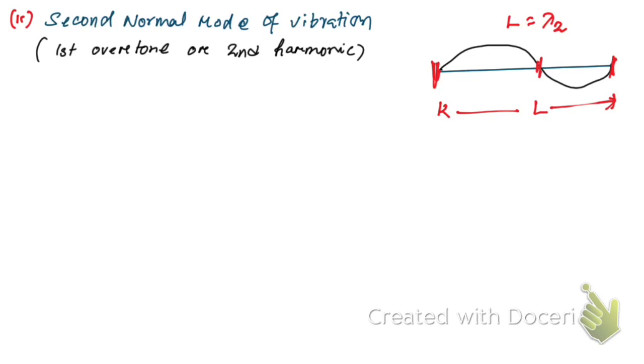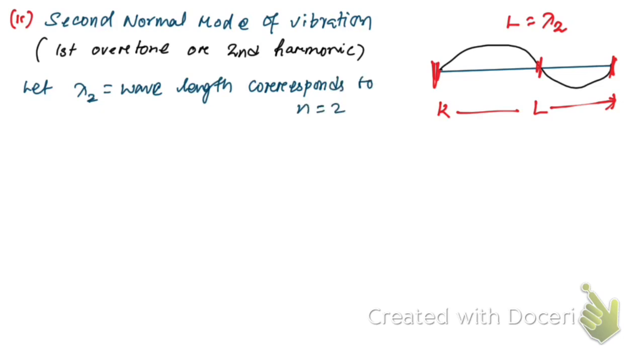Now you see, in this case, let lambda 2 be the wavelength corresponding to n is equal to 2, right? n is equal to 2.